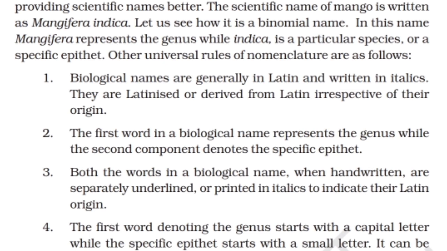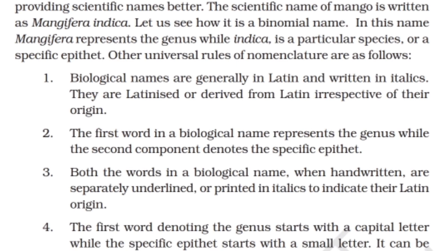Other universal rules of nomenclature are as follows. Number 1. Biological names are generally in Latin and written in italics. They are Latinized or derived from Latin irrespective of their origin. Number 2. The first word in the biological name represents the genus, while the second component denotes the specific epithet.